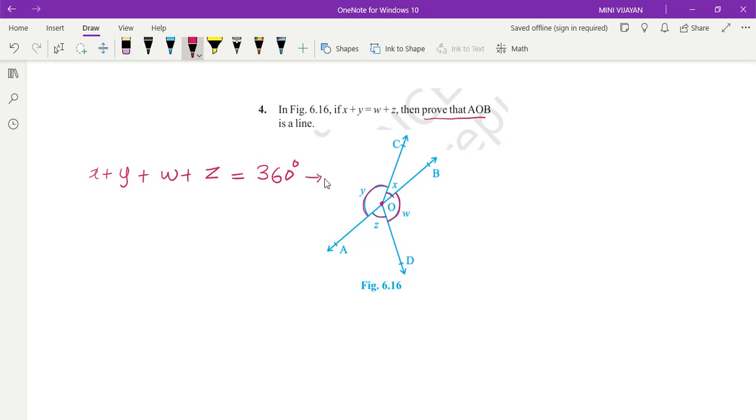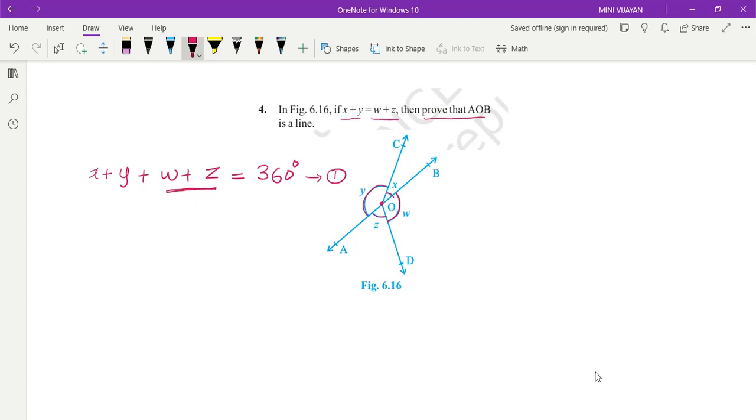Put this as equation number 1. And what is already given in the question? X plus y and w plus z are equal. X plus y is equal to w plus z. So in the first equation, we can replace this w plus z by what?